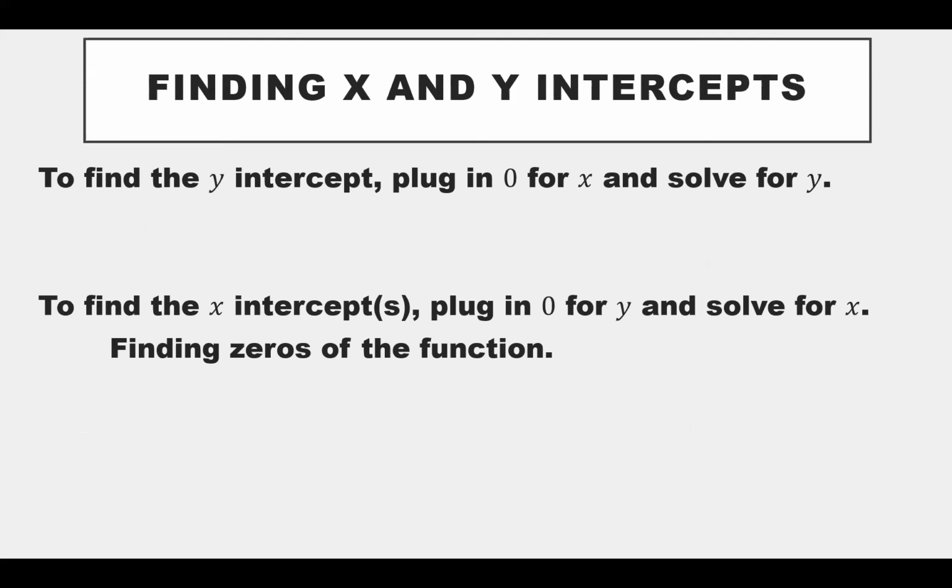Now, I've said a lot about x and y-intercepts, but because a y-intercept has the form 0 comma y, in order to find the y-intercept, all I have to do is plug in 0 for x and then solve the equation for y.